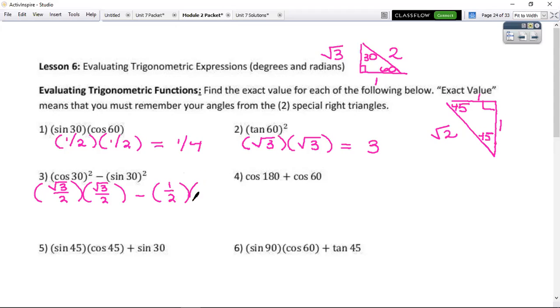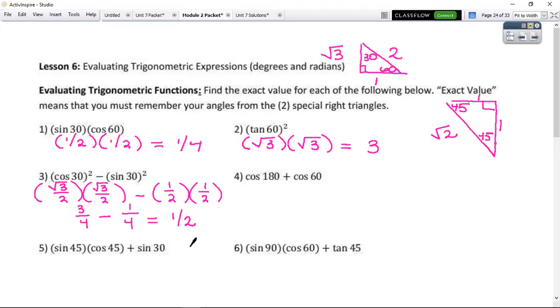So you're going to plug them all in. All right, the top here, I get 3/4 minus 1/4, which is equal to 2/4, which is equal to 1/2. Okay, so just like that.